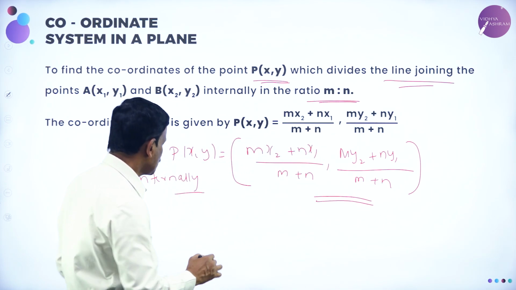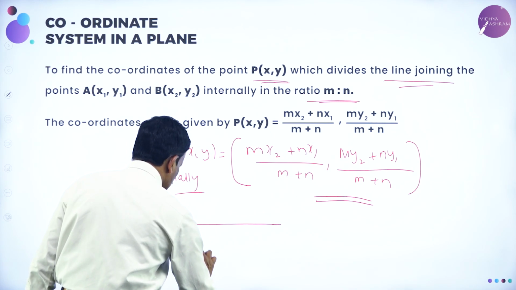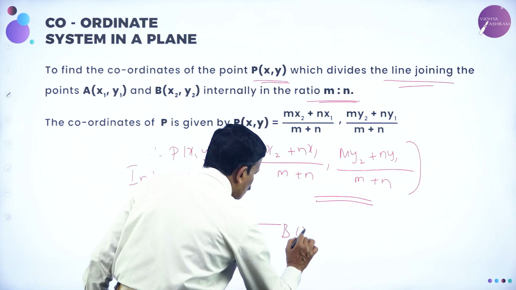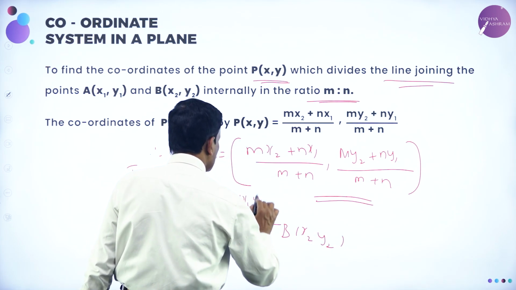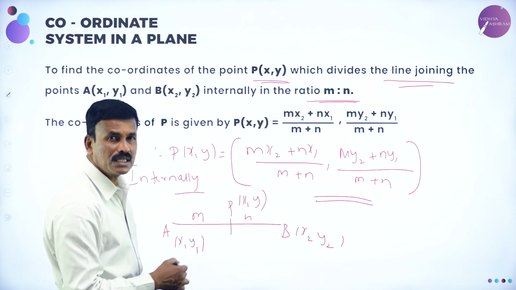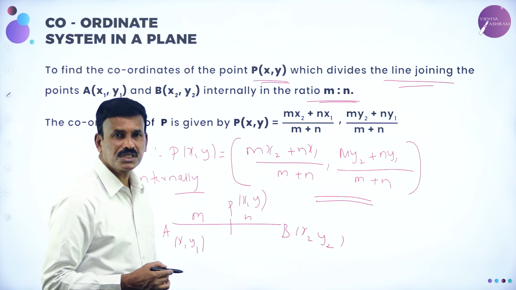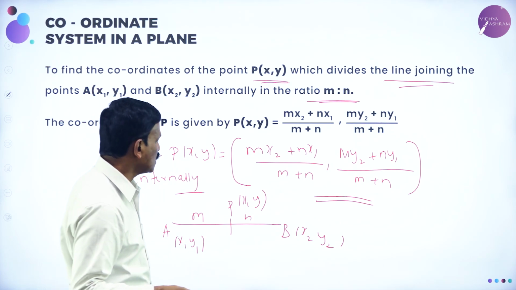So if P divides AB, where this is the line A(x1, y1) and this is B(x2, y2), and P(x, y) divides AB internally in the ratio m:n, then the coordinates are given by (mx2 + nx1)/(m + n) and (my2 + ny1)/(m + n).